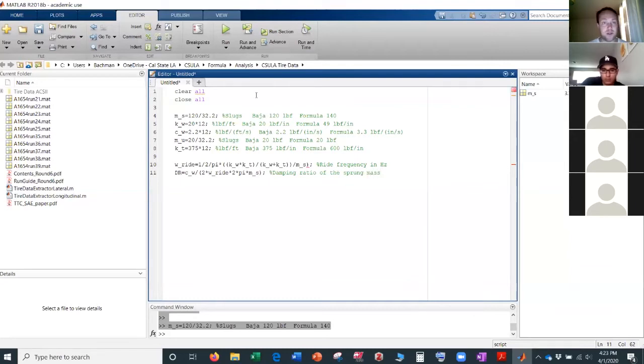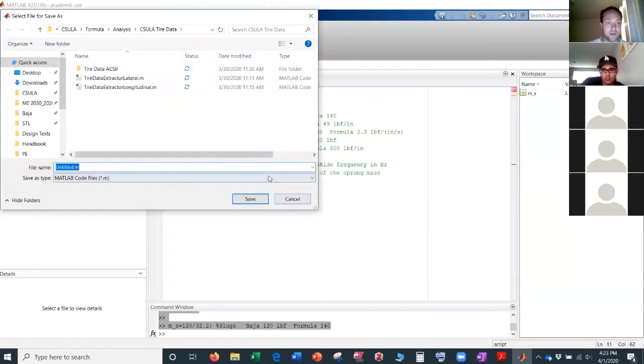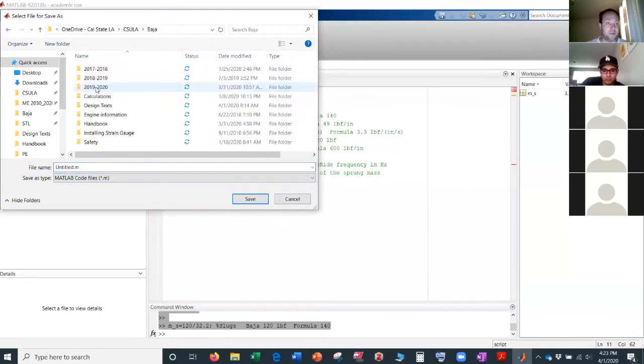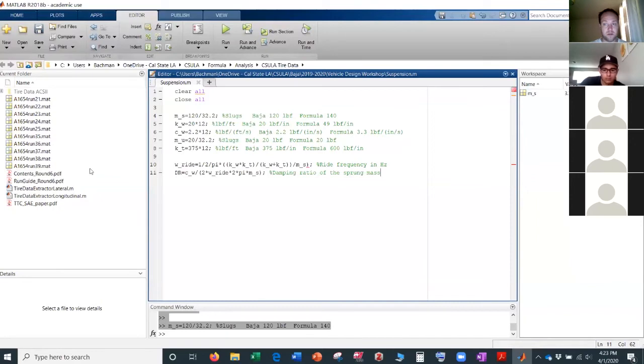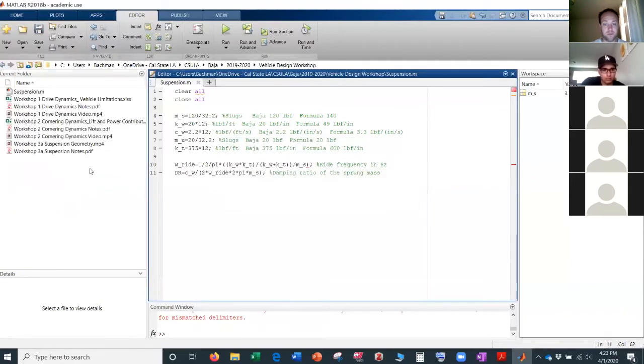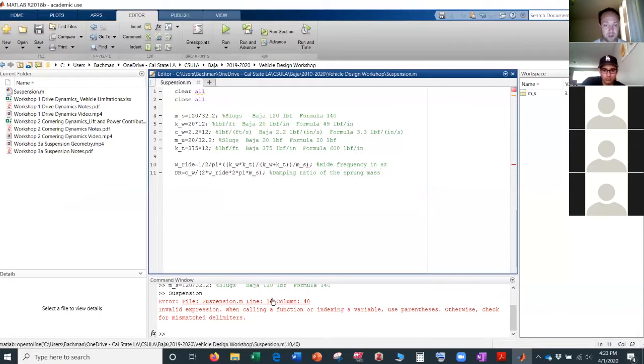All right, so let's see all the mistakes I made. So this was suspension. Mismatched delimiters, line 10. 1 divided by 2 divided by pi.